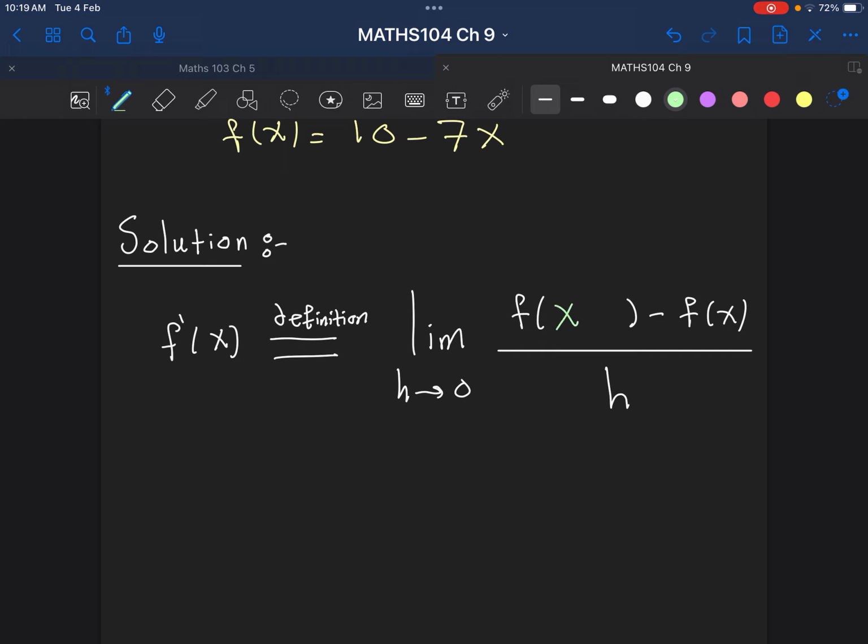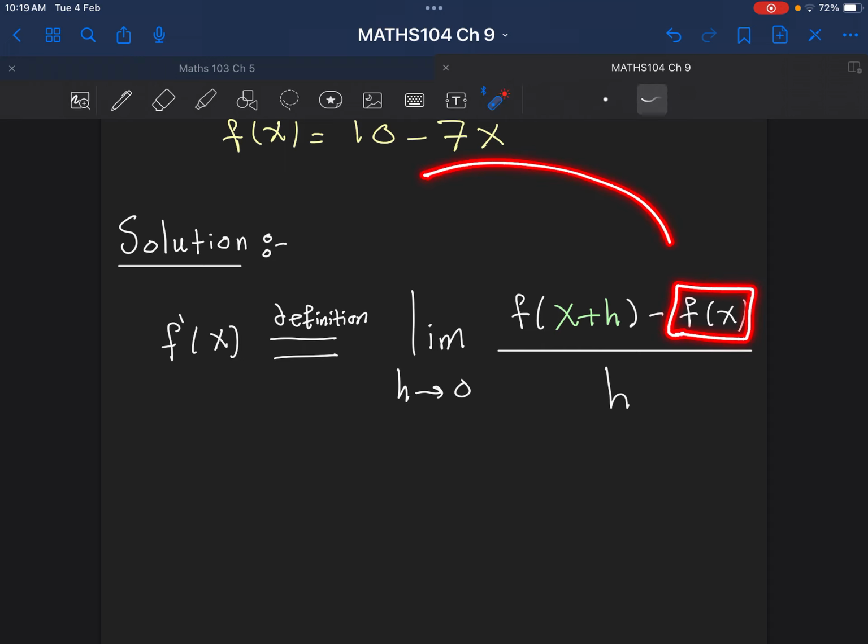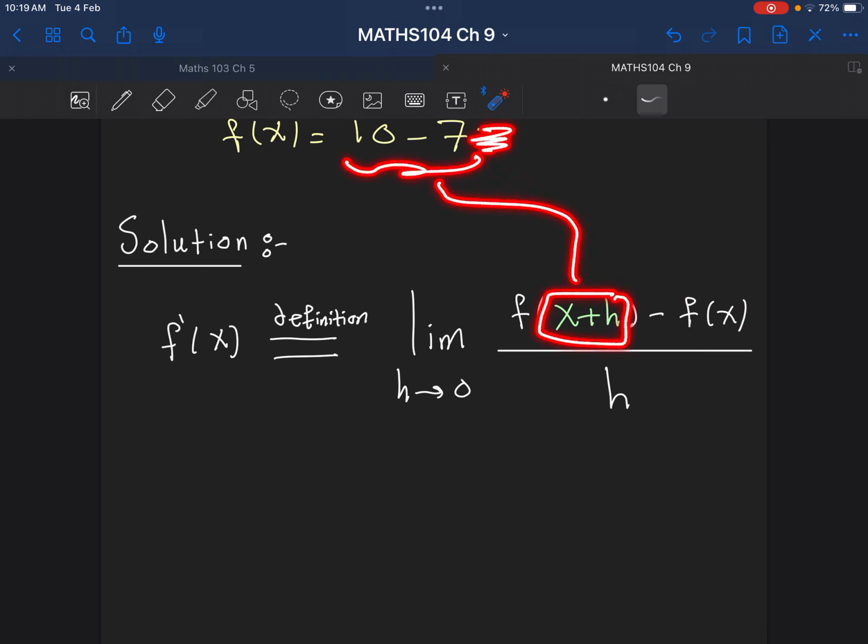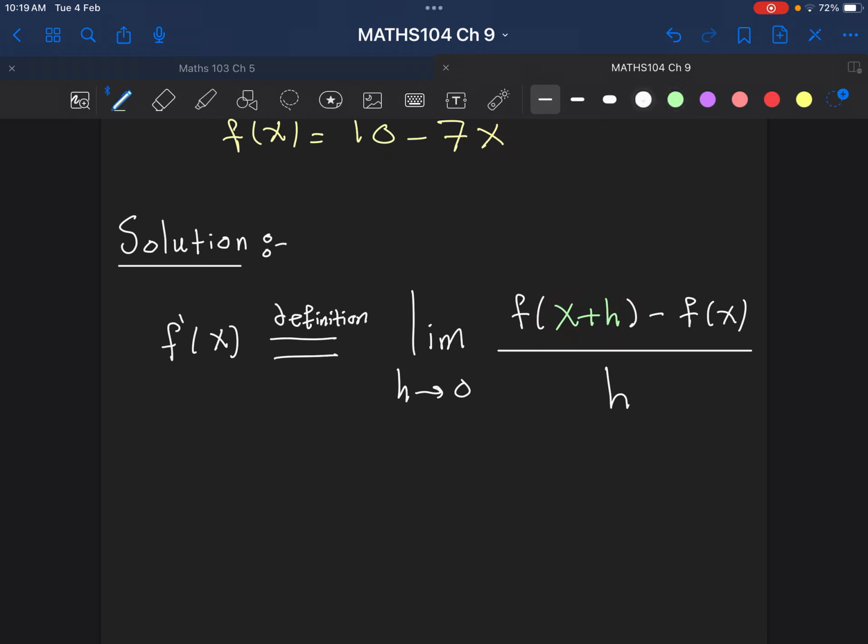Now what do we write here? Inside we will write x plus h. So remember, we have f of x, it will go as is, and then we have to write f of x again, but we will replace every x we see with x plus h. And that's the definition that we need to use. Let's see how this will turn out to be.